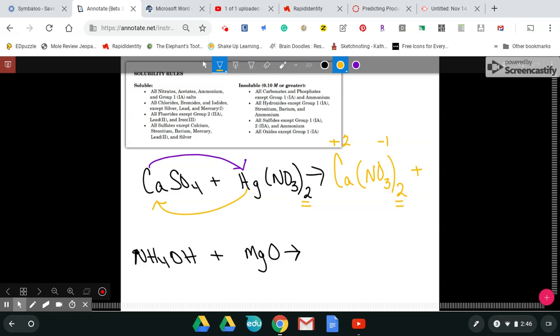Plus Hg, which is 2, because notice this 2 had to have been up here. OH, and I need 2 of those because if this is +2 and this is -1, that's what makes that formula work. So now you've got to look.